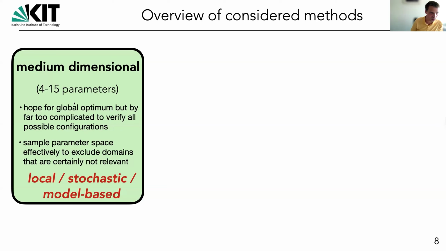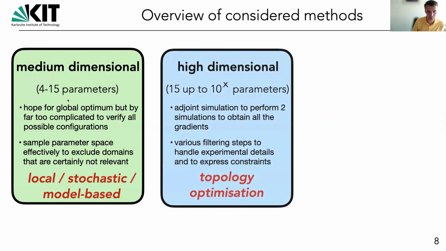This is still possible for this intermediate number of parameters, by excluding ranges of parameter space that are unlikely to give you a global maximum. Those ranges you're not going to sample, but you concentrate your sampling strategy on those domains where there's the highest probability to reach the global optimum. This works nicely, but only for a reasonable number of parameters.